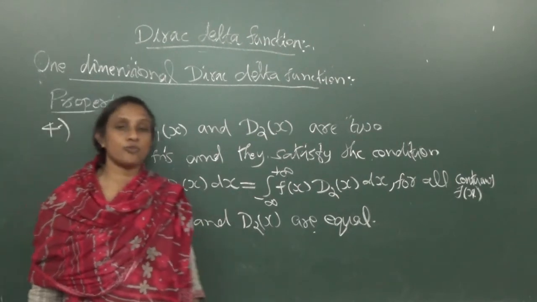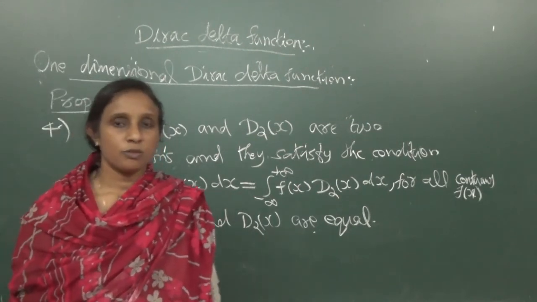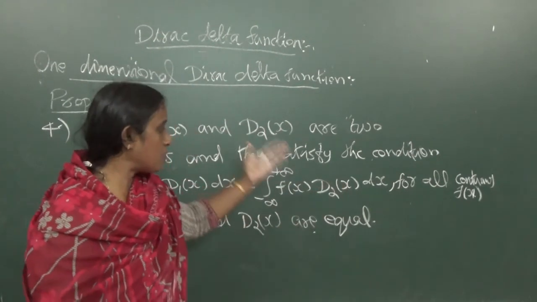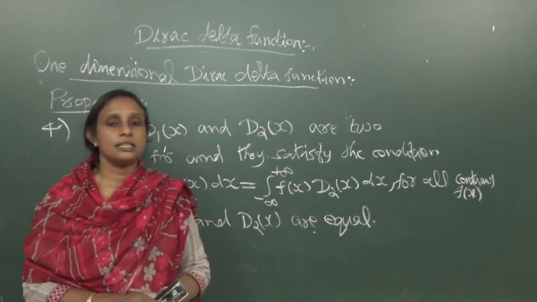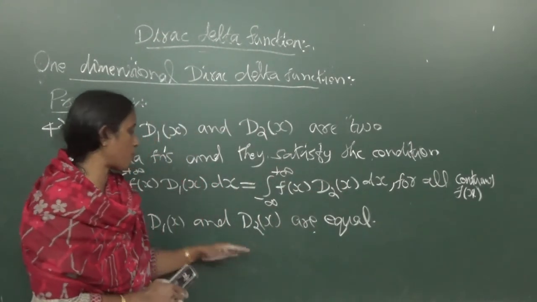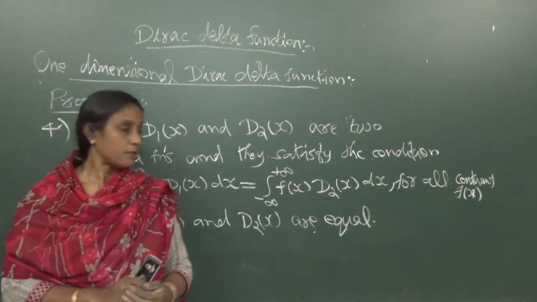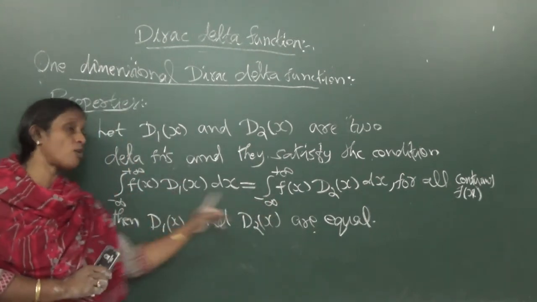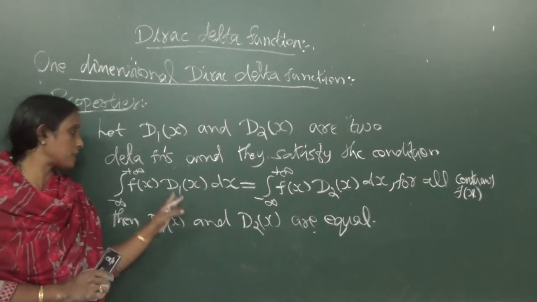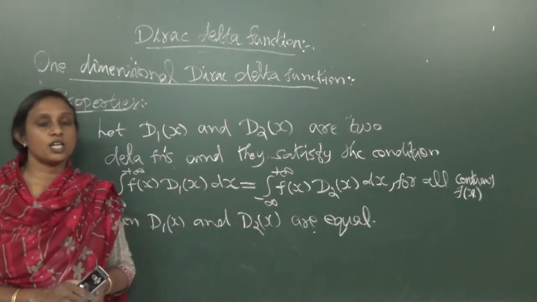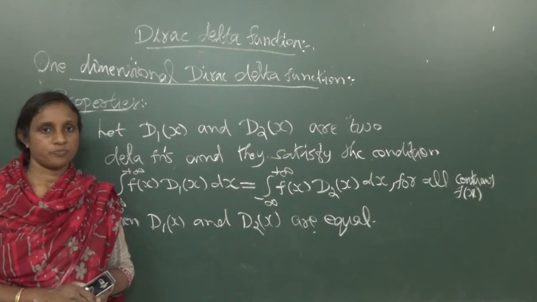This is called the fourth condition. Okay, these are the different properties of the Dirac delta functions, 4 properties. This condition should hold for all f of x. Then only you can treat d1 and d2 as equal functions.